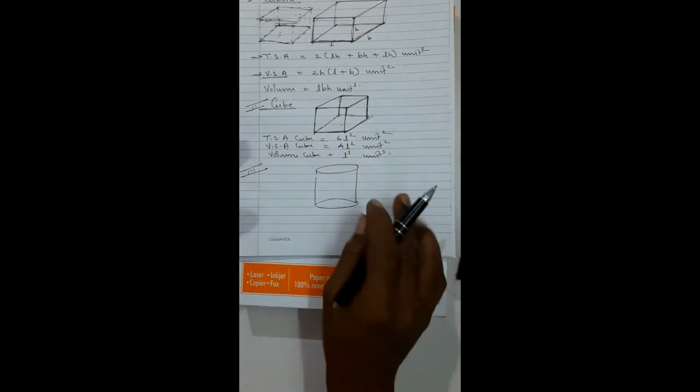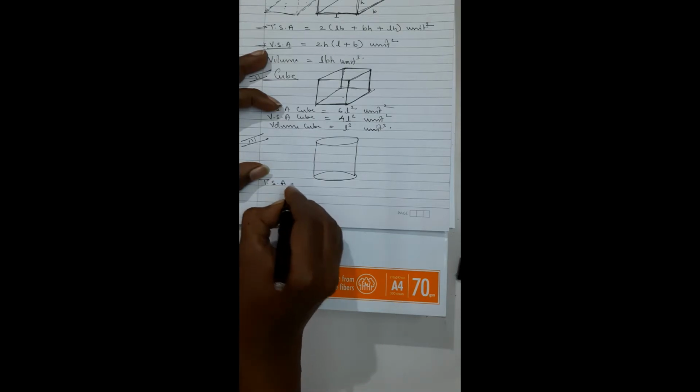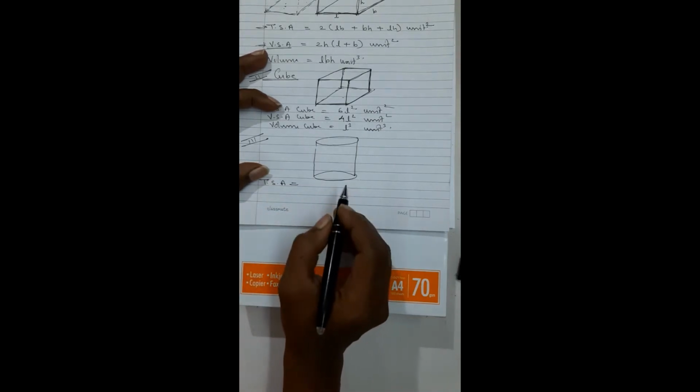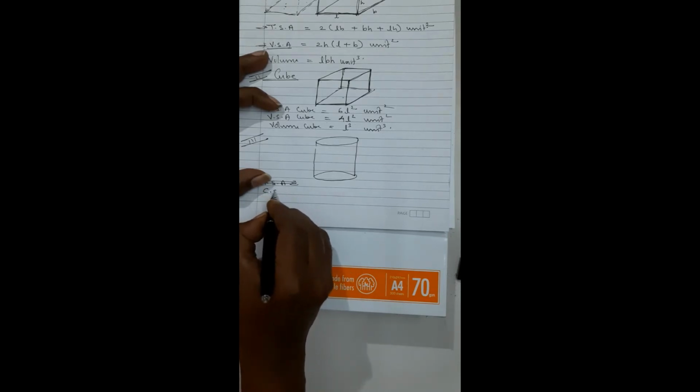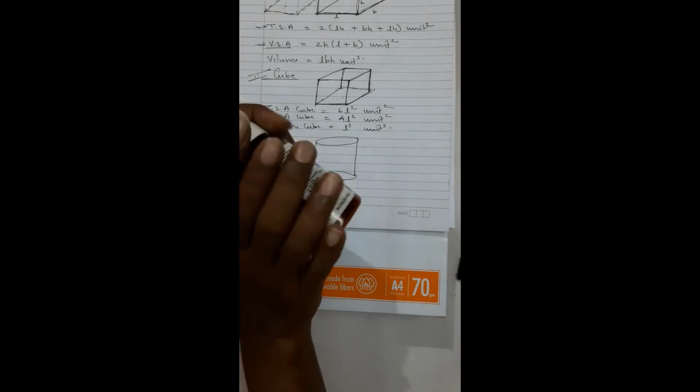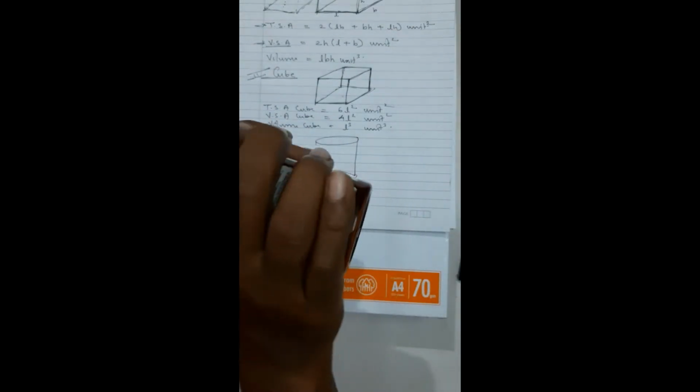So when it comes to surface areas, total surface area, actually before calculating total surface area, it is better that we understand curved surface area. Curved surface area means only this, where there is no up and no bottom.